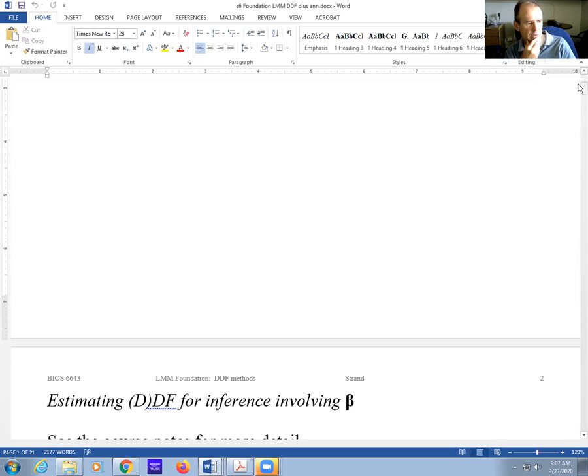But we have to figure out the best degrees of freedom that's appropriate for that test statistic. There are various methods to do that.